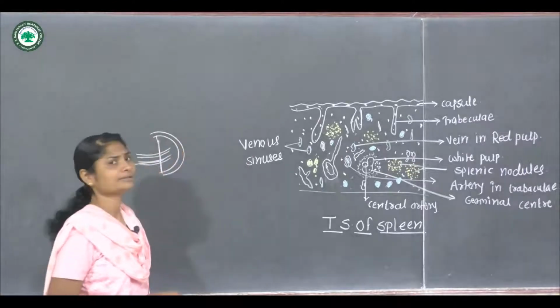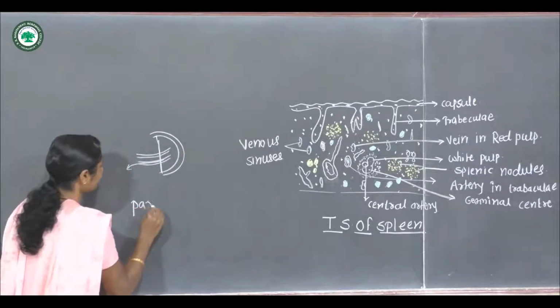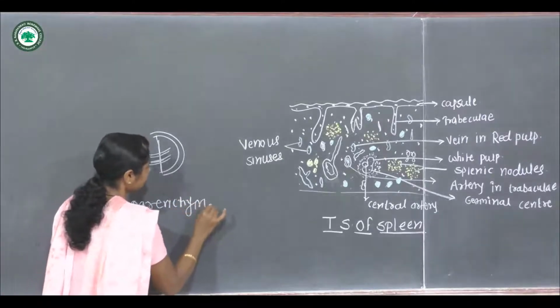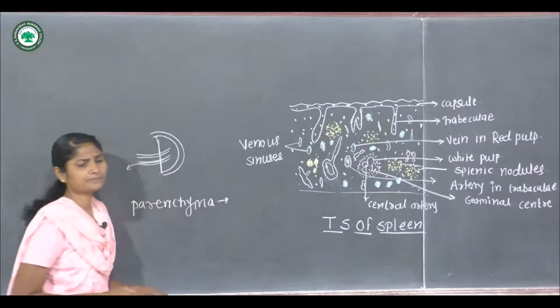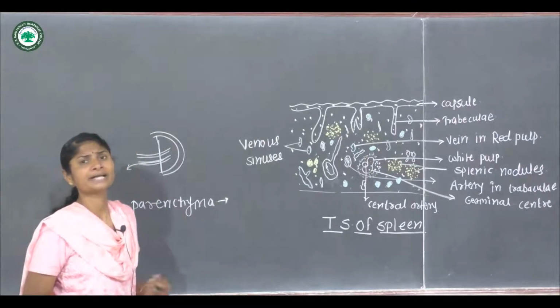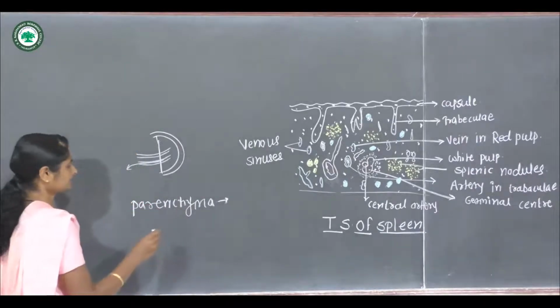The histology of spleen mainly consists of two parts, that is parenchyma and stroma. Parenchyma consists of splenic pulp, which is again divided into red and white pulp.